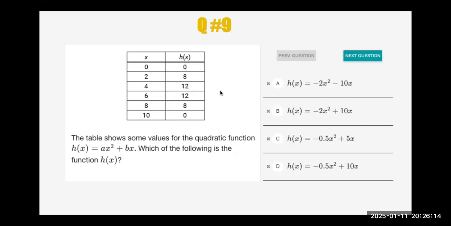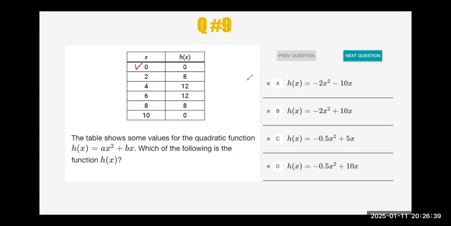Okay, so there are some values over here, and I just plug them in. For A, I know 0, 0 definitely works. And then the next row has 2, 8. You plug in 2 for x.